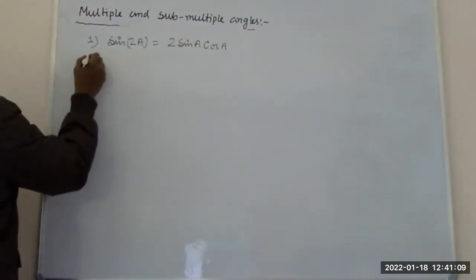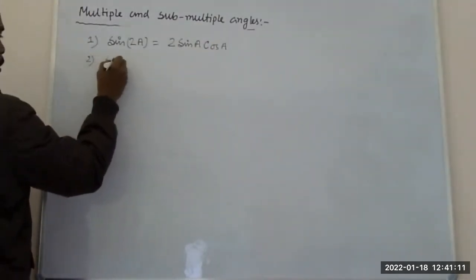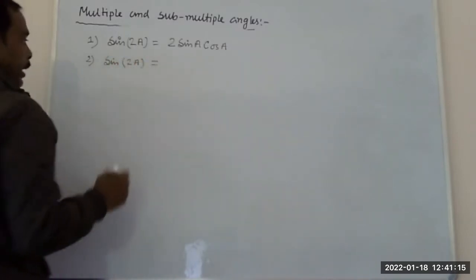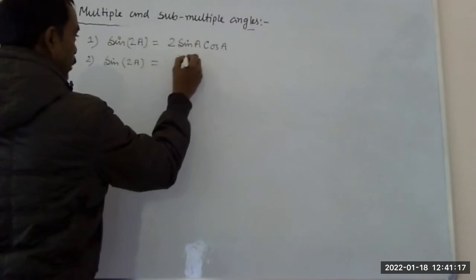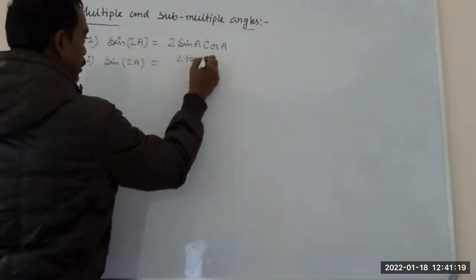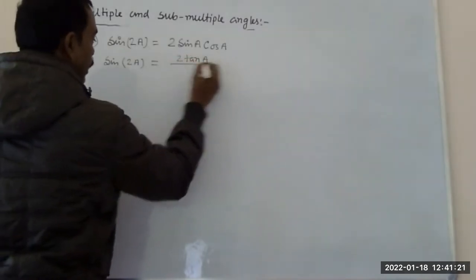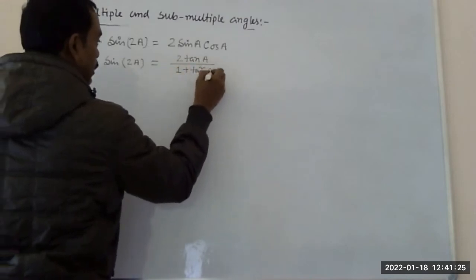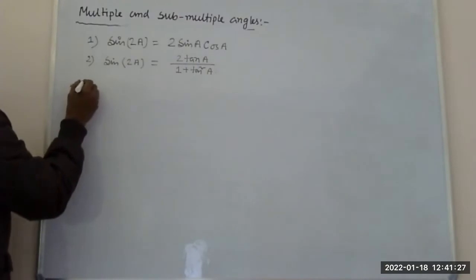Number two, sine 2a in terms of tan is 2 tan a by 1 plus tan square a.